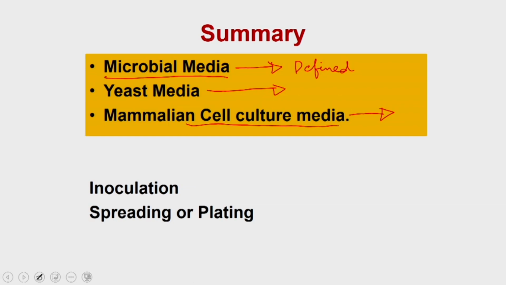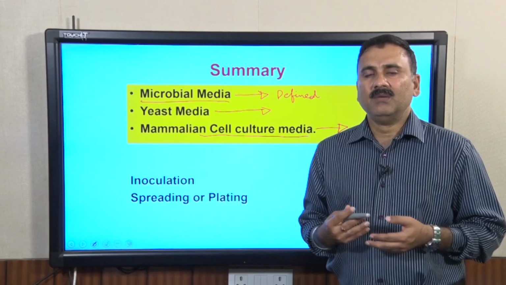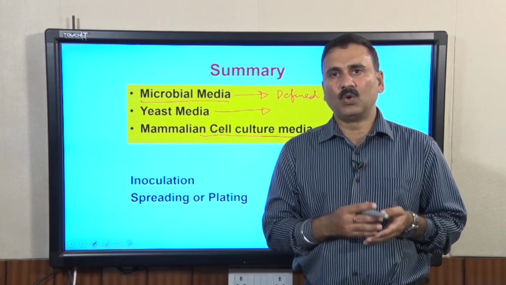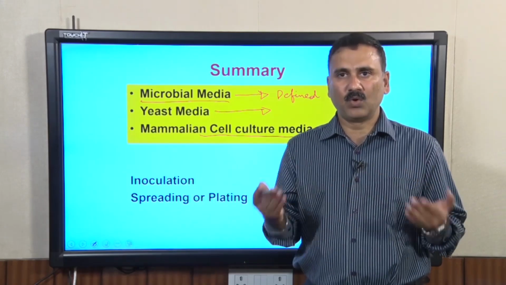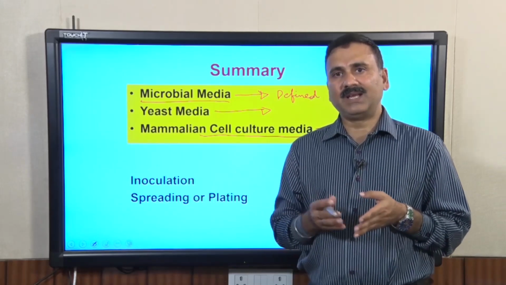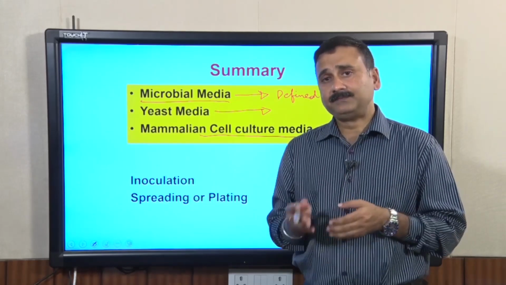The purpose of discussing these media is that you want to grow the host cells so that their number will grow, and they also go through the different stages of their life cycle or cell cycle.